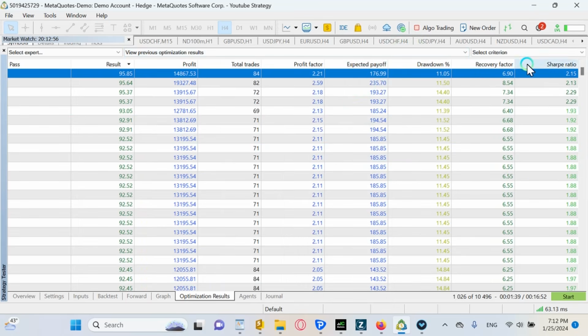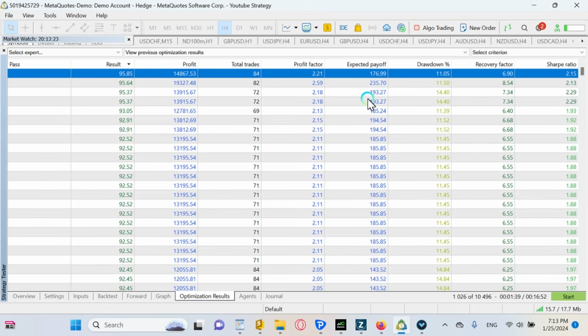For example, the factors and indexes that you can check. Every trader has a threshold and range for these parameters. If you don't know these parameters, I highly recommend reading some articles about them. They are also on my blog, on my website.